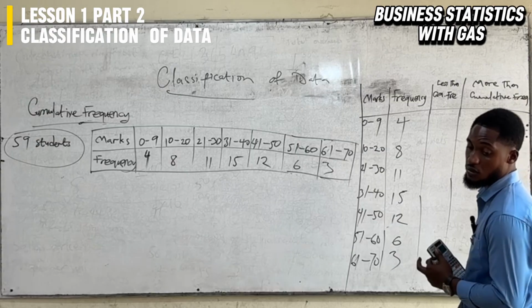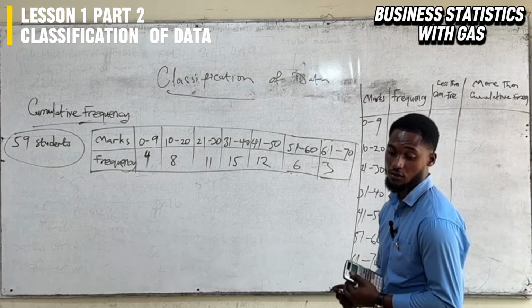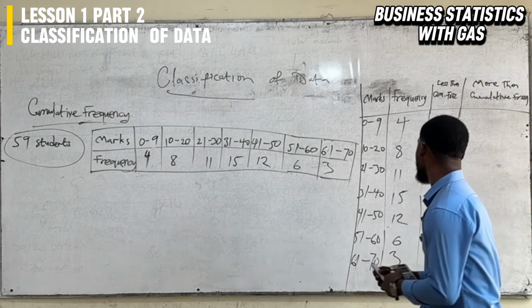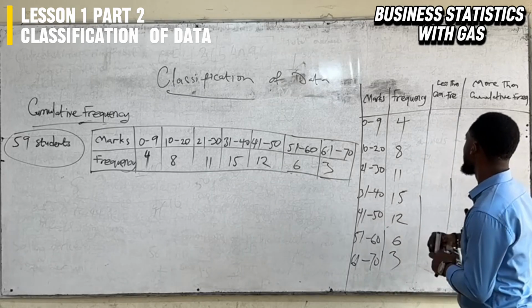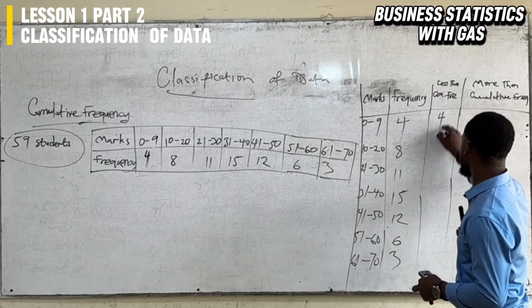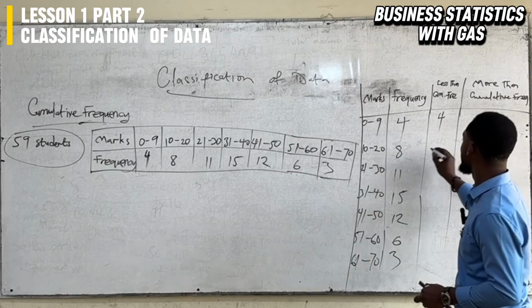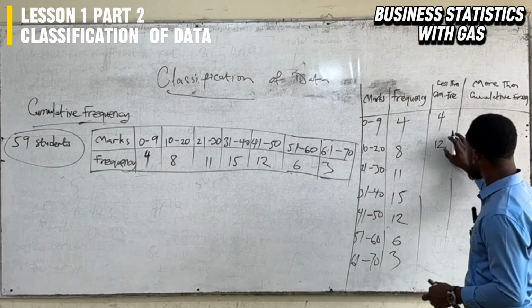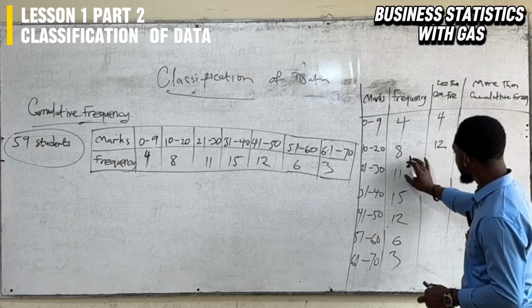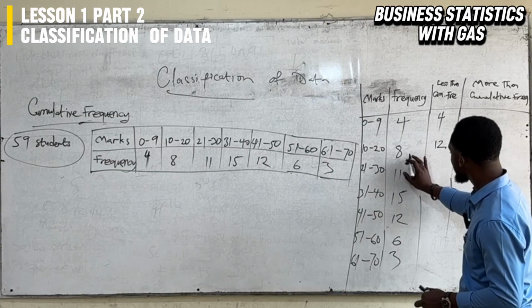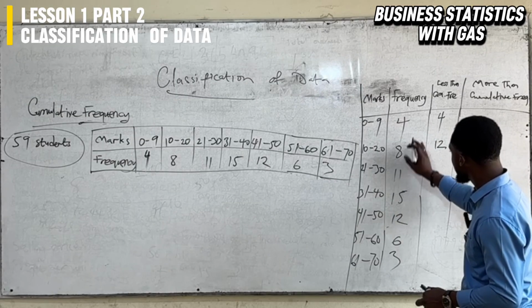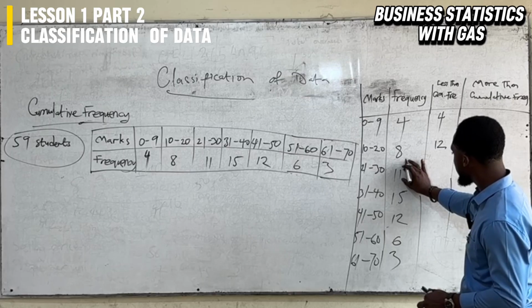We have to calculate our less than cumulative frequency. As I said, with the less than cumulative frequency, you take your 4, which is constant, and you add the 4 to the 8 here, getting 12. When you get your 12, you add the 12 to the next figure on your frequency side, which is 11.